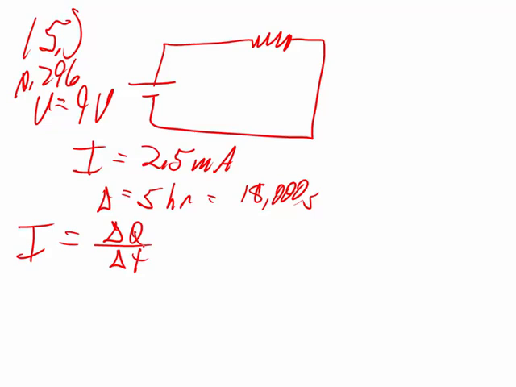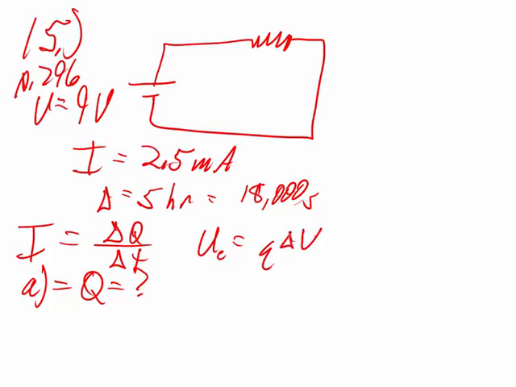Now, current is equal to the change in charge over the time interval, so we can find how much charge has been transferred. So A is Q. We want to know how much Q. We also know from electric potential energy that we can find the charge times the change in voltage.